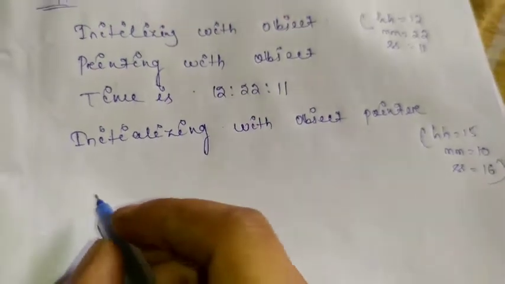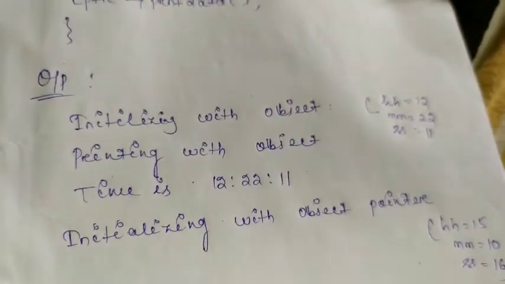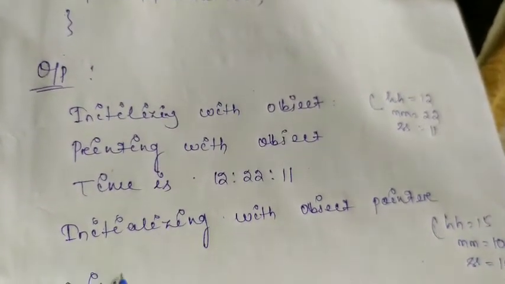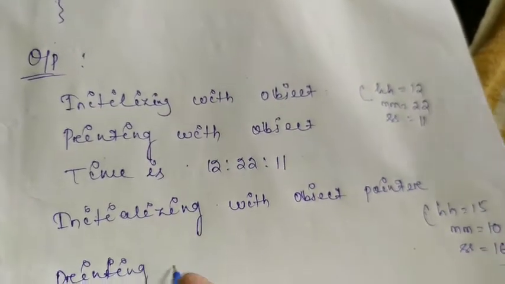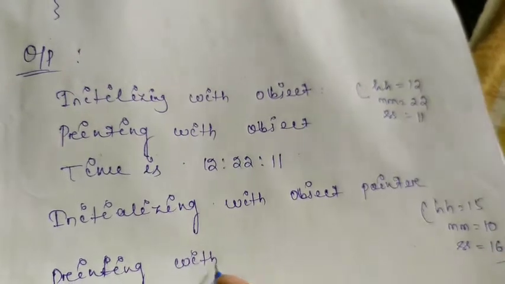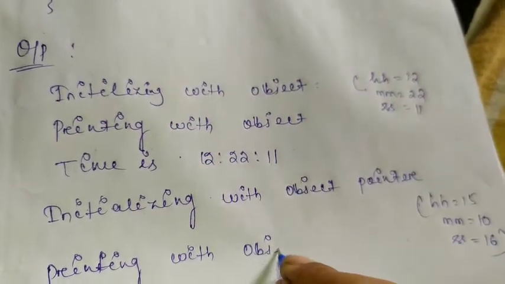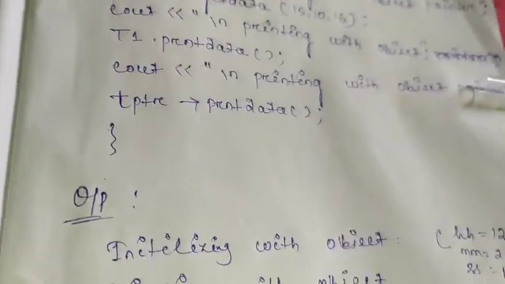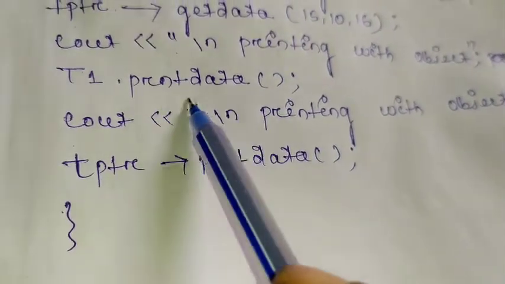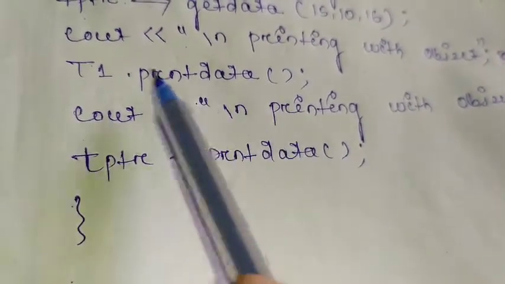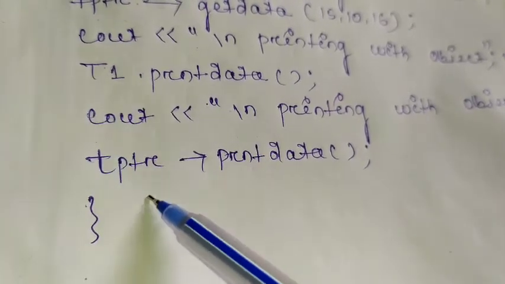Okay, after that, in the next line, let's print with object. To print, we have to call this function print data through this object, and this one is through the object pointer.